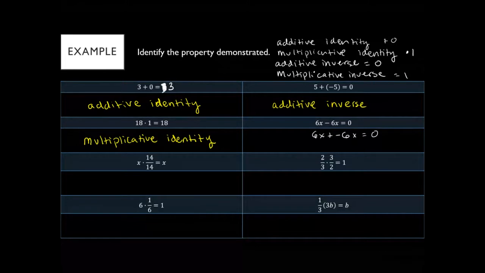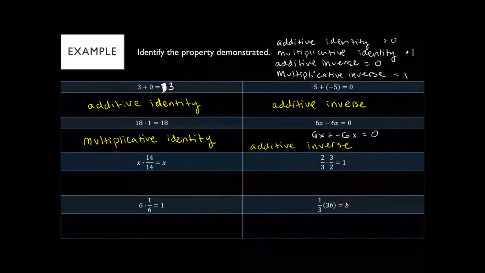So it's going to be one of the additive identities, or inverses, the additive properties. It's either going to be the identity or the inverse. And this is the additive inverse because it cancels out. So this is the thing that is really important once you start solving equations, because we're going to have things with letters, with variables, and our goal is to make them disappear and get 0.